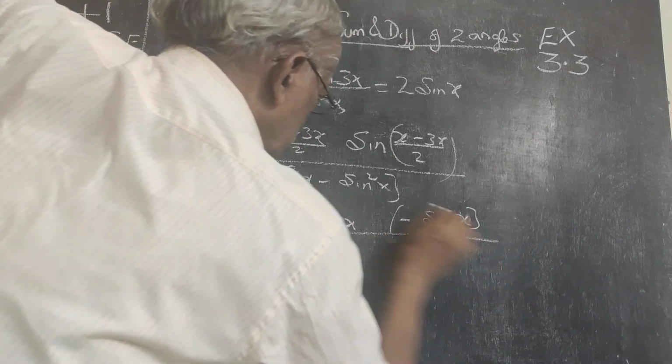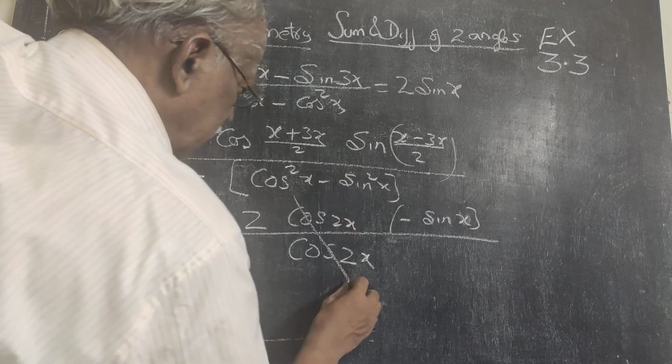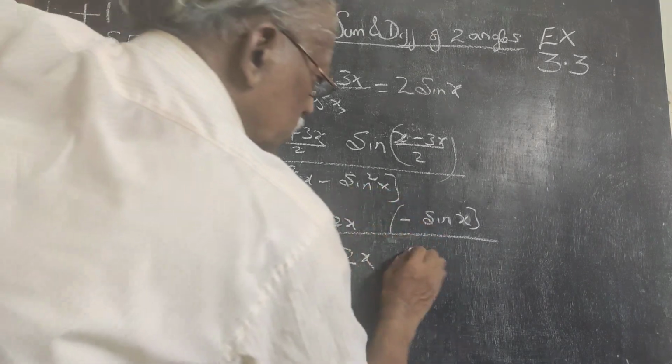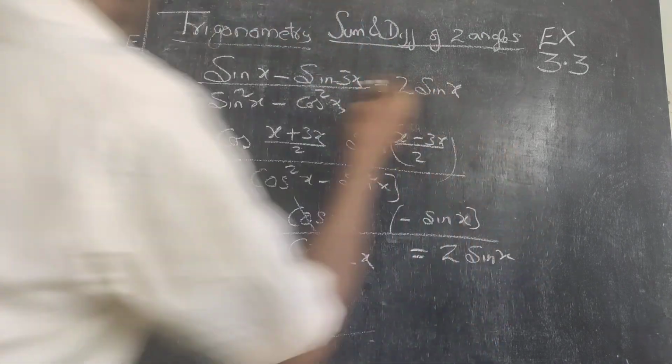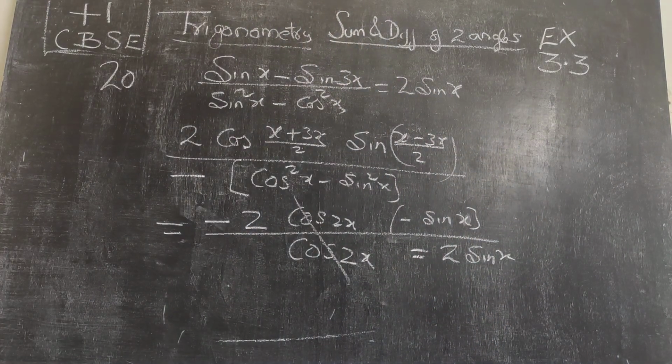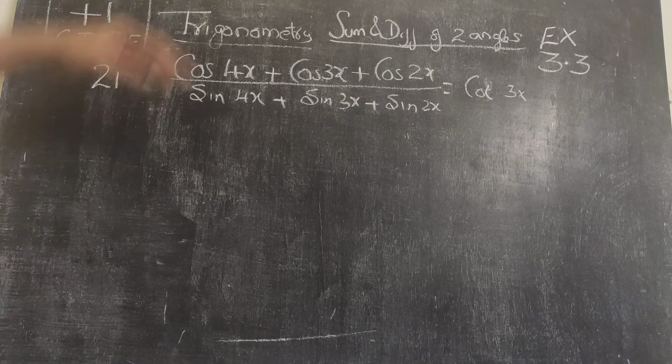The denominator is cos square x minus sin square x, cos 2x, so it gets cancelled. Here is 1 minus, here is 1 minus, so plus 2 times sin x. So we have completed 20 sums, 5 sums in just within 10 minutes. Now we go for the remaining sums of this exercise. Question number 21.